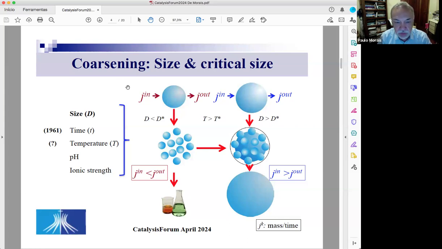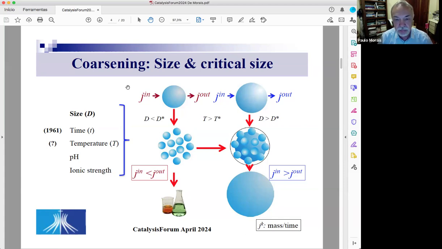If you start with a true colloidal suspension, you might guess that the level of aggregation in the colloid, if it is stable, is actually small. So particles are separated.